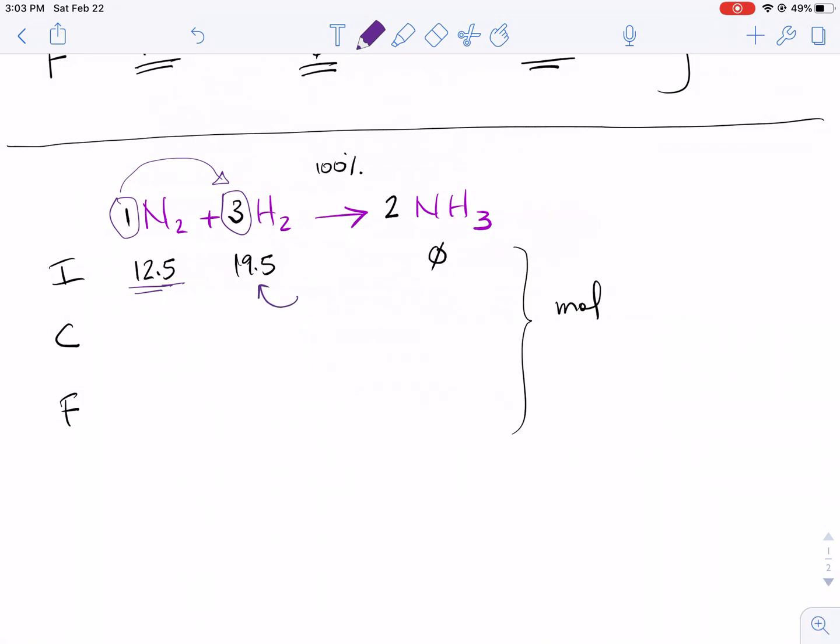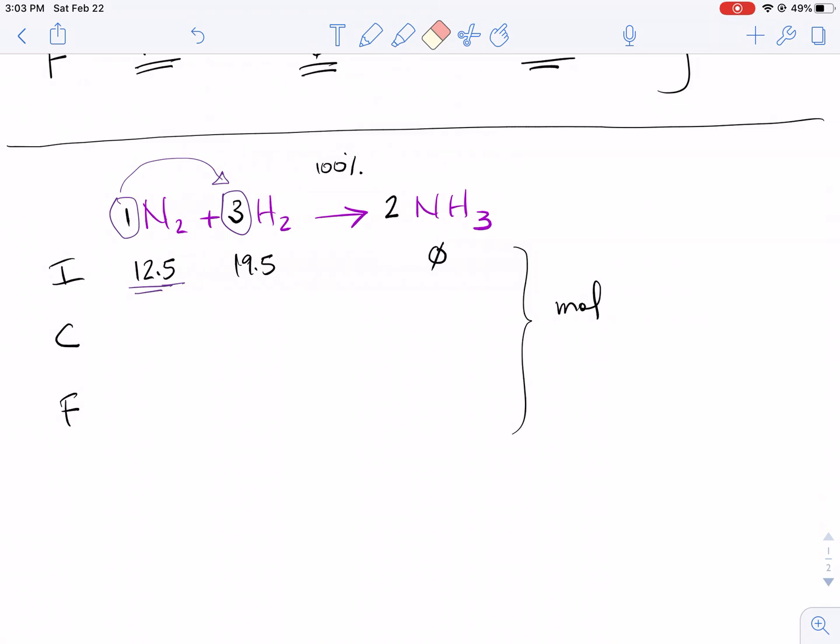Look, I only have, I'm going to write this down for you, 19.5 mole. So this calculation doesn't get you anywhere, so don't even record anything about it in this table. Let's now work with the other chemical. You have 19.5 mole of hydrogen.